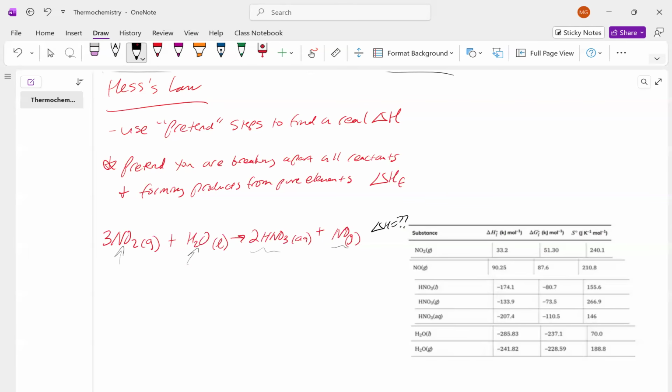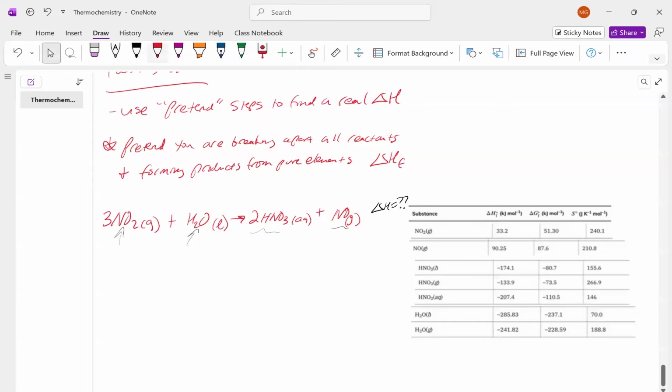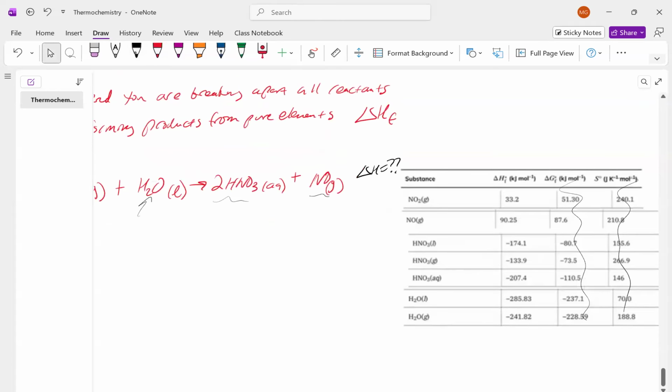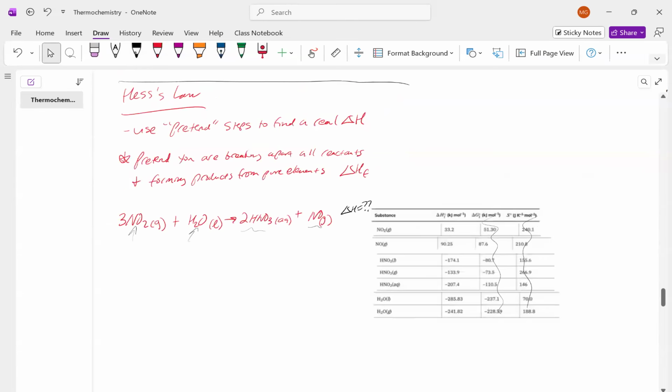And this gets us really close to the actual delta H value for this reaction. And so here's how we're going to use these tables. All right, so let's look up the delta H of formation for NO2. So I'm going to go to a table here, and don't worry about this G and this S. We'll get to that next semester. But this table lists the delta H of formation for all of these compounds that we need.